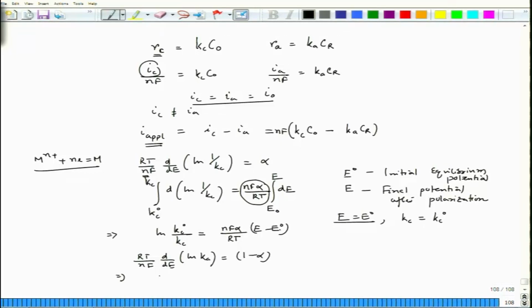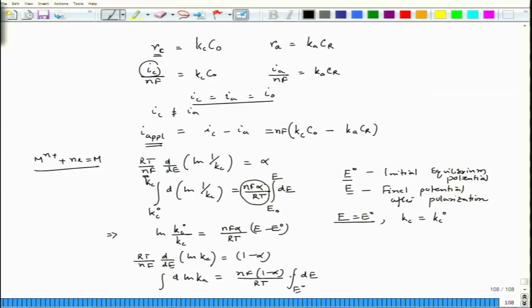We can also find out the limits. We can write it in this fashion, d ln K A equal to n F (1 minus alpha) by R T dE. Here also the limit would be the same.